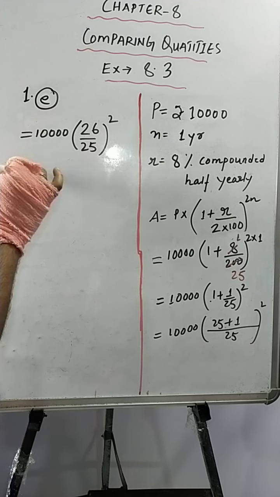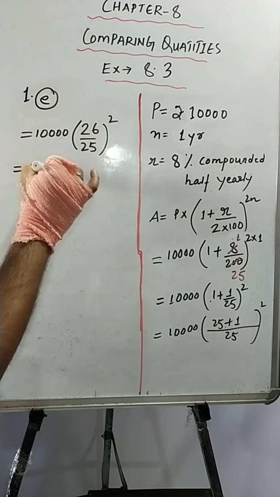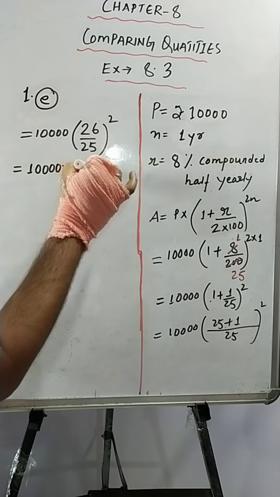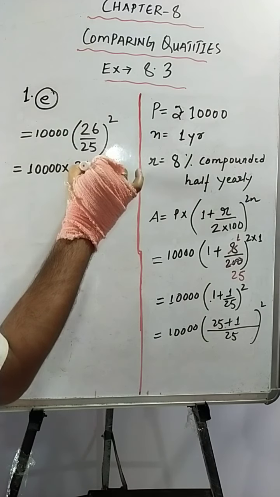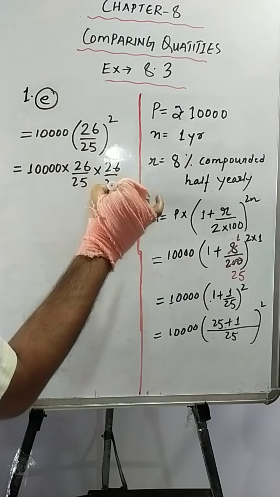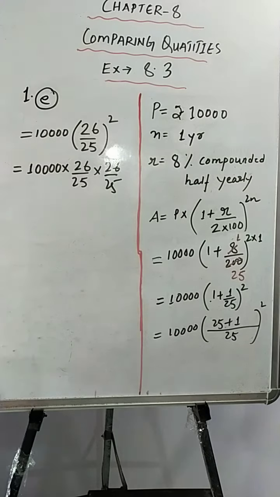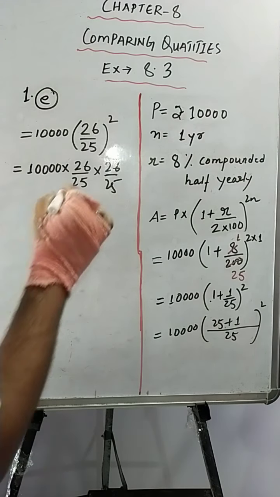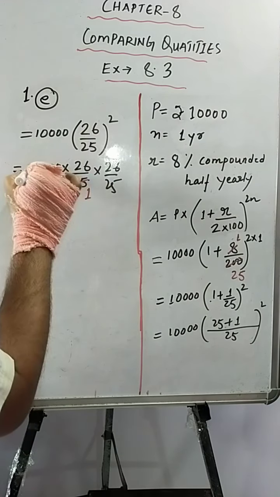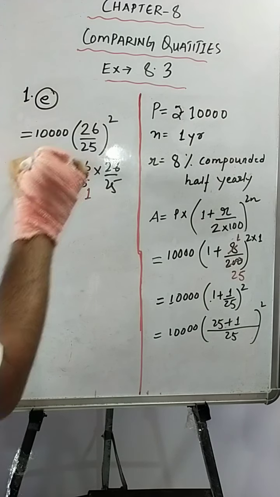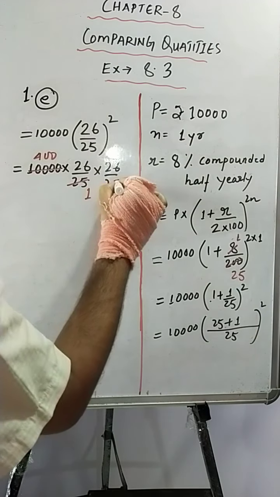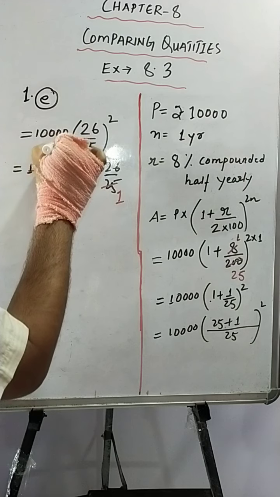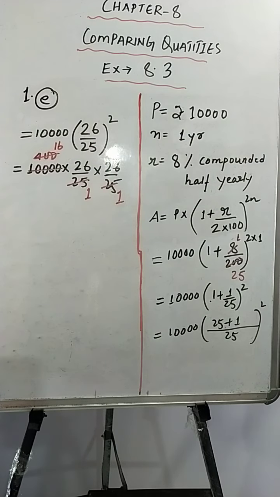So this will be 10,000 into 26 by 25, 26 by 25. Now let's reduce this. So 25 ones are 25, 25 16s are 400.